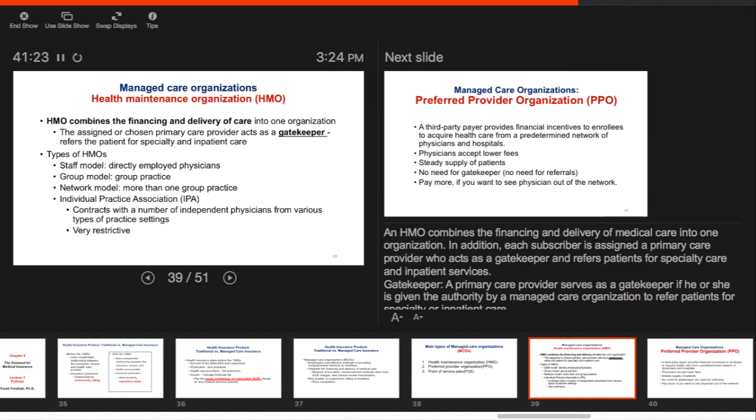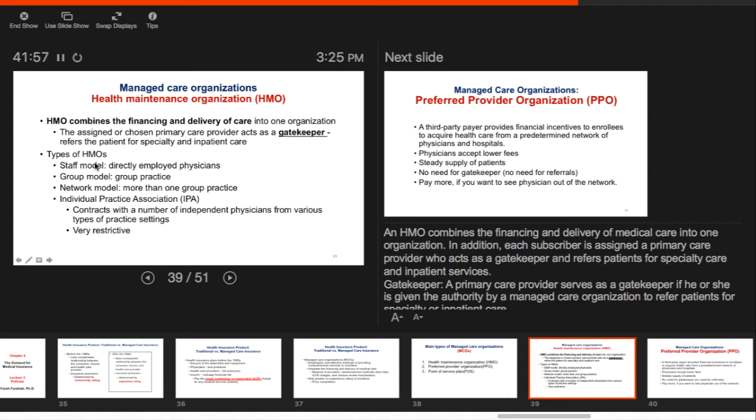They are paid by the number of patients they are treating.